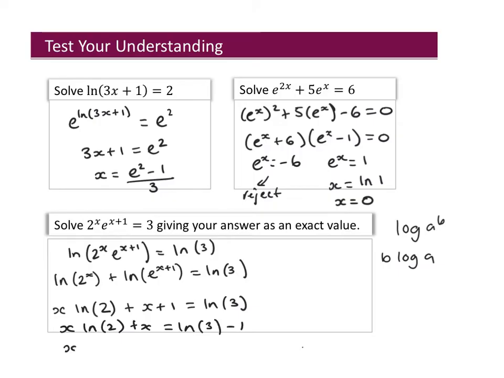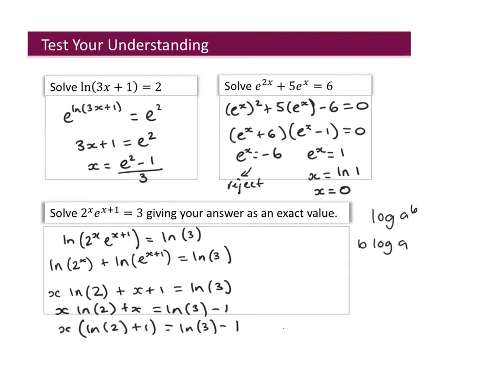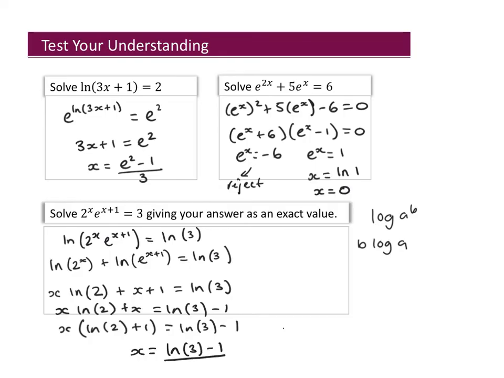If I factor out the x, I'm going to get x bracket ln 2 plus 1 equals ln 3 minus 1, and then divide both sides by ln 2 plus 1. x equals ln 3 minus 1 over ln 2 plus 1. Okay, and there is the final answer.